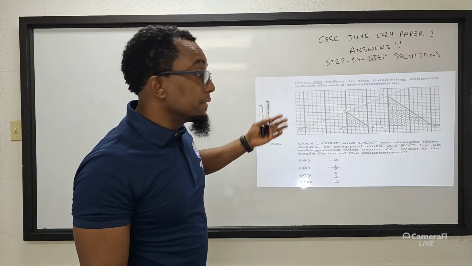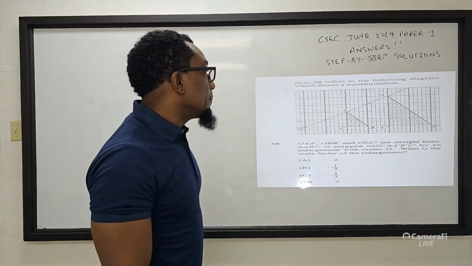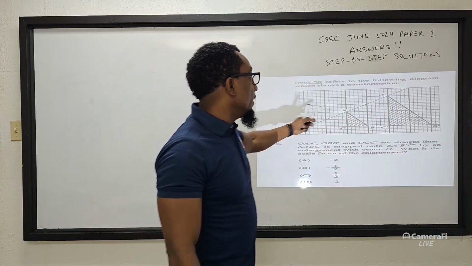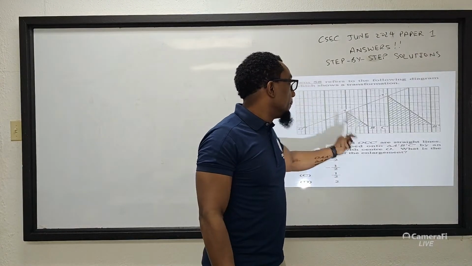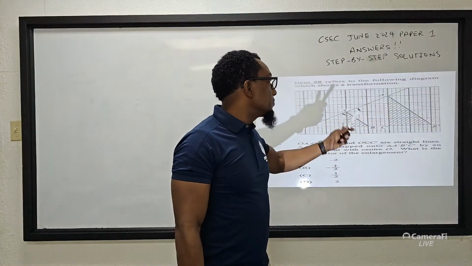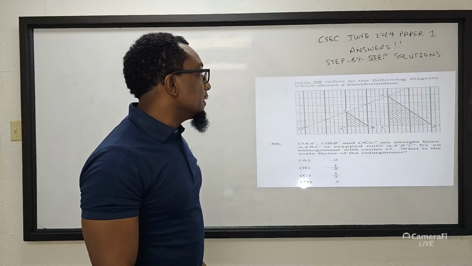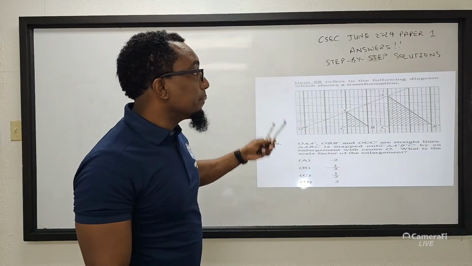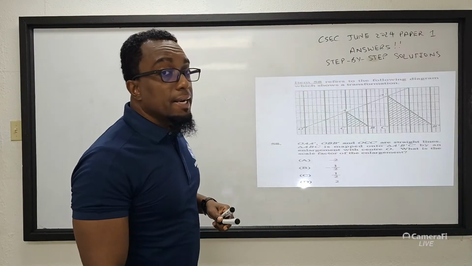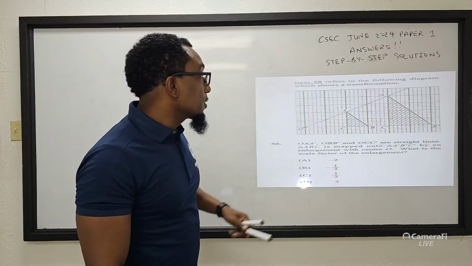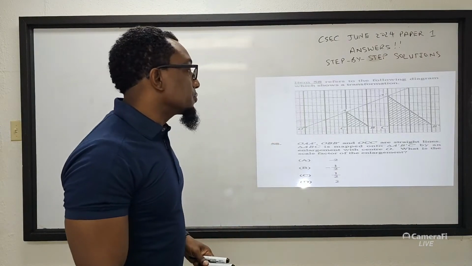This is an enlargement here, right? OAA prime, OBB prime, OCC prime are straight lines. Triangle ABC is mapped onto triangle A prime, B prime, C prime by an enlargement with center O. What is the scale factor?